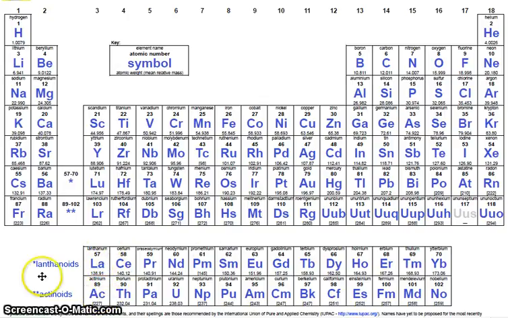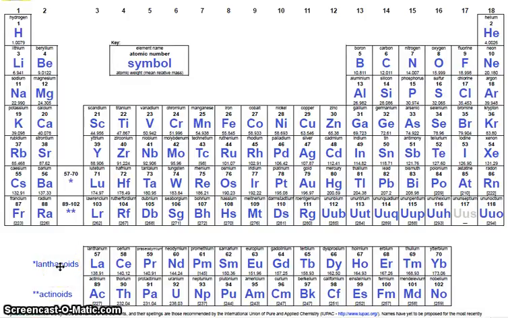So what they did was they took out this lanthanoid series and this actinoid series and they put them at the bottom. If they hadn't put them here, it would have been really hard to print the periodic table on one page. If you look at the numbering, numbers 57 through 70 fit into the 6th row, and numbers 89 through 102 fit into the 7th row.